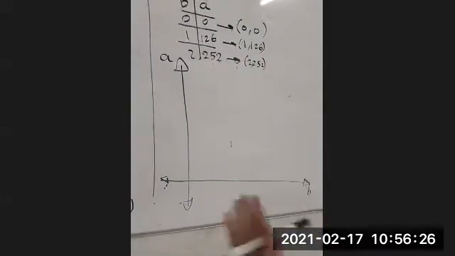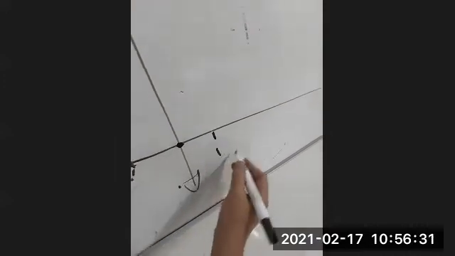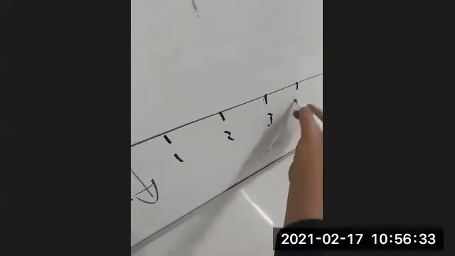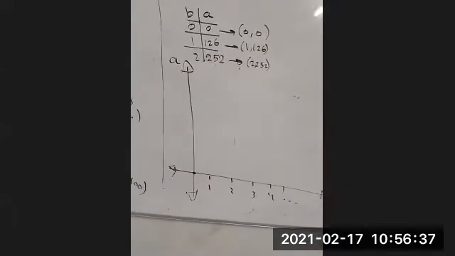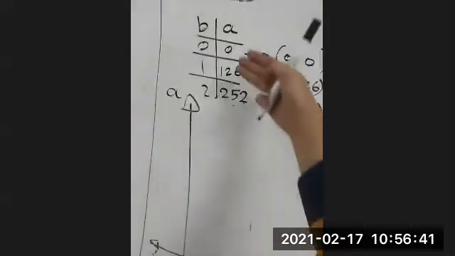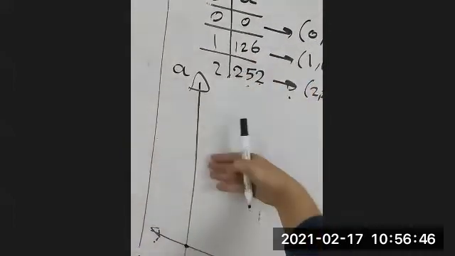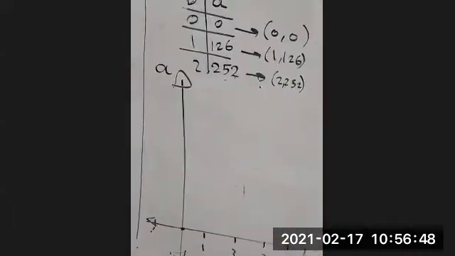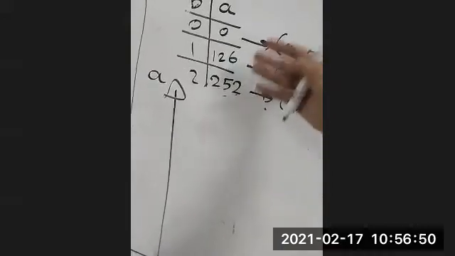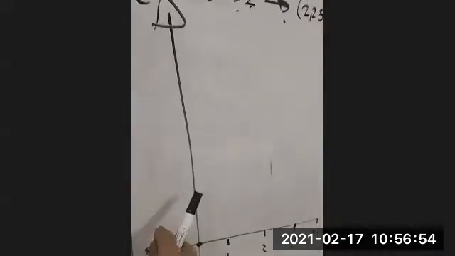Now here, we said this is 0, 1, 2, 3, 4, as much as I want. And here, look at these numbers for A. I have 0, it's already here. I have 126 and I have 252, which are kind of big numbers. Now, I cannot put 1, 2, 3, 4.